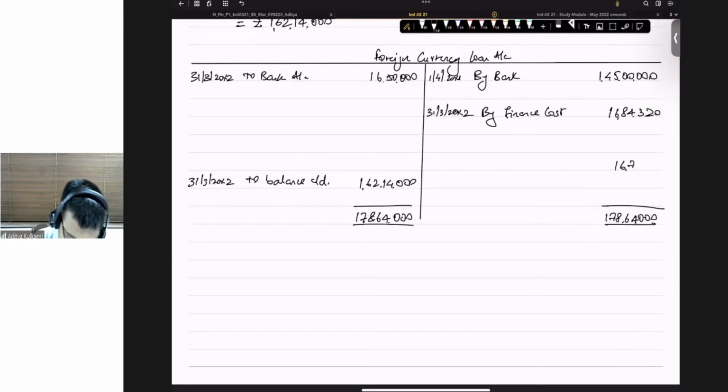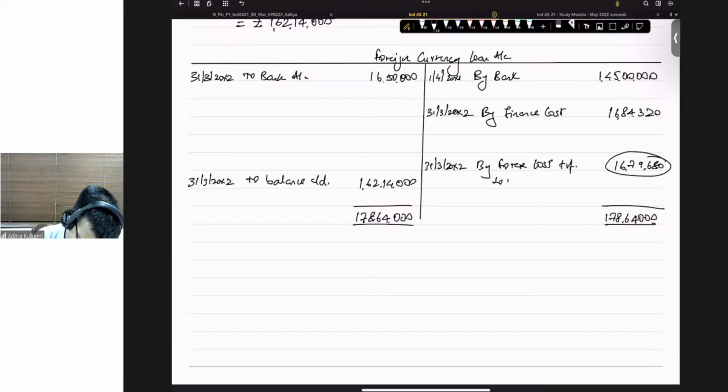So I am left with 16,79,680 by debit balance. So by forex loss transferred to P&L. Balancing figure. Have you guys understood this?